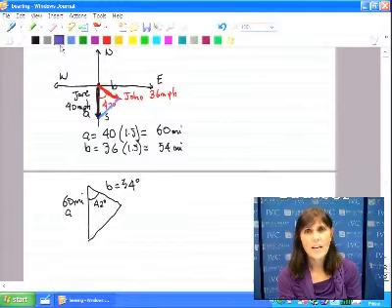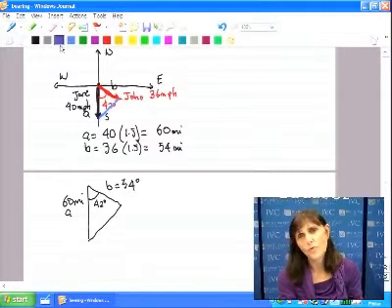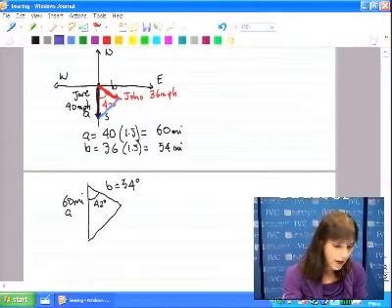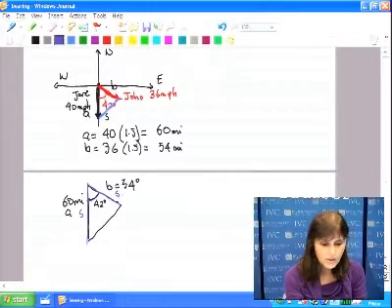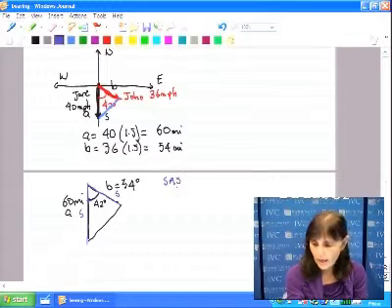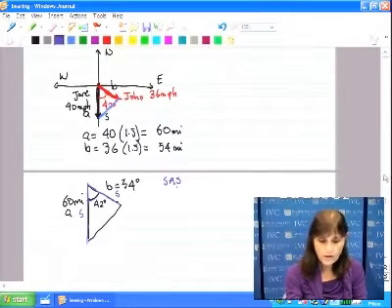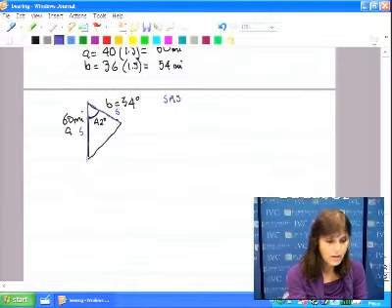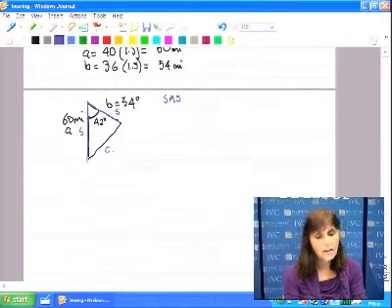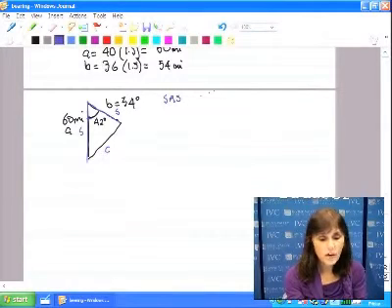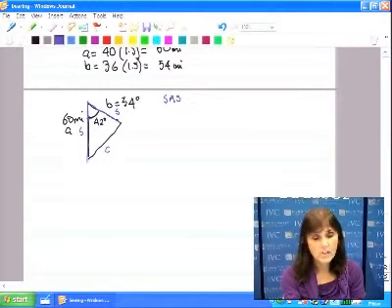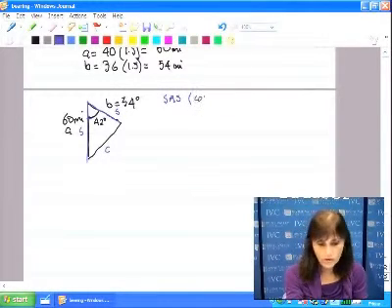Remember, you have to watch the SAS, SSA videos before you do this problem. I know the side, angle, side. So this one is an SAS triangle. This is A, B, and C. So for the SAS triangles, go watch the SAS triangle section. I use the cosine law.